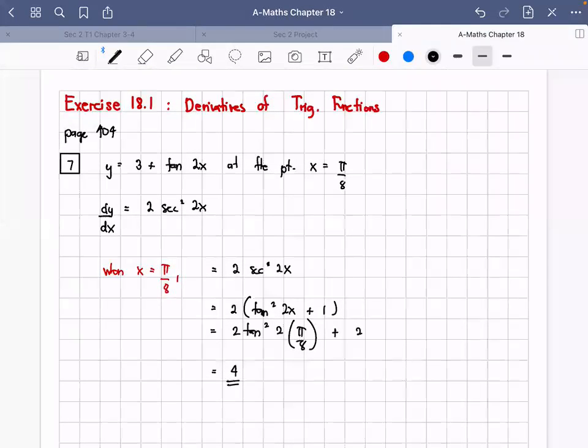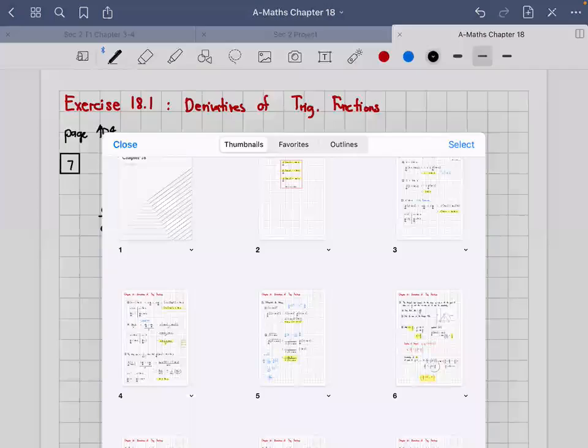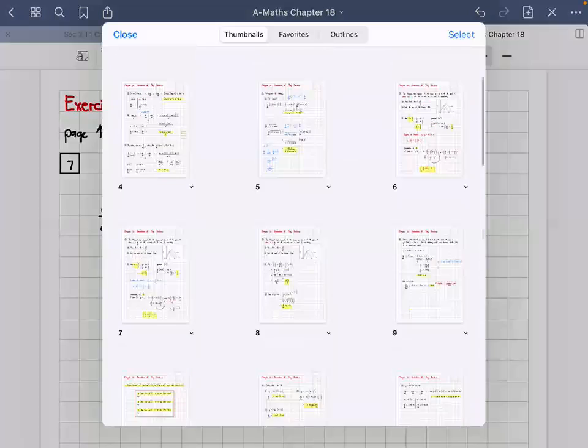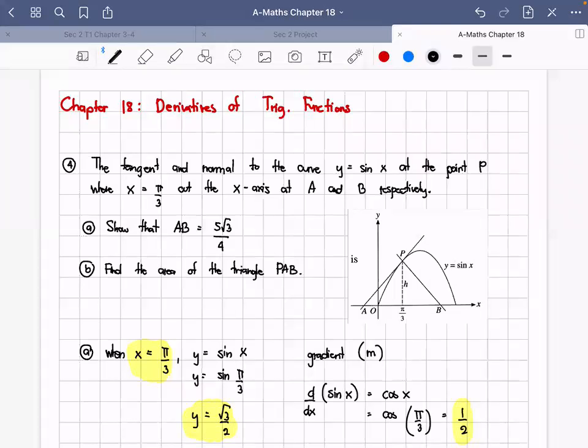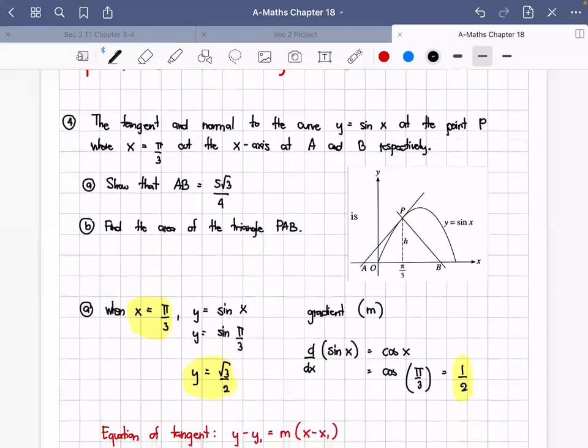Okay, class, I'll share this again in our group. I just want to explain one more question. This is my very last one about this chapter, my very last example.